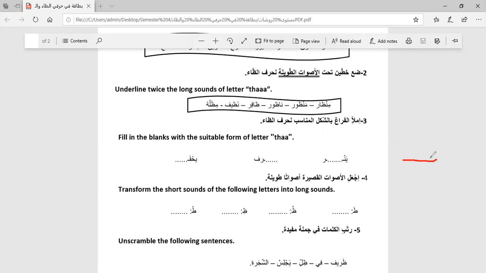So please see me how I'm going to write the letter tha before we draw it in this word. Okay, I go down. Why am I going down? Because this is the line that is coming from the first letter, okay? Then I make it like this as if I am drawing the letter kaf. Okay, let me repeat it.